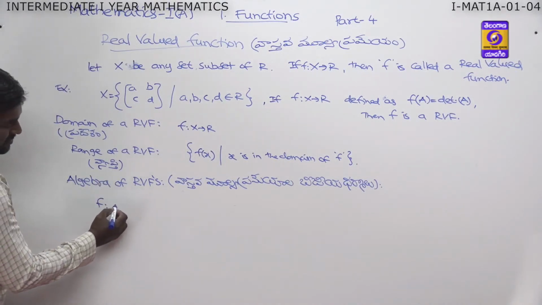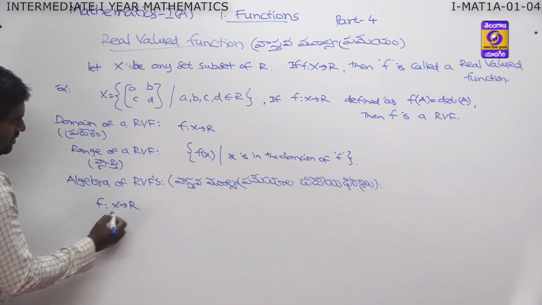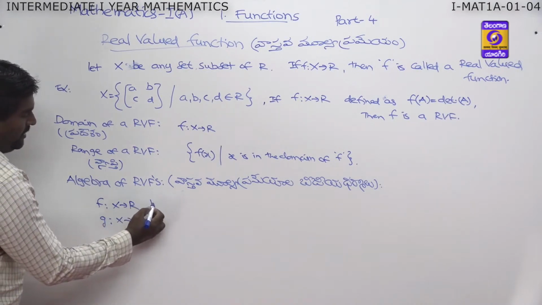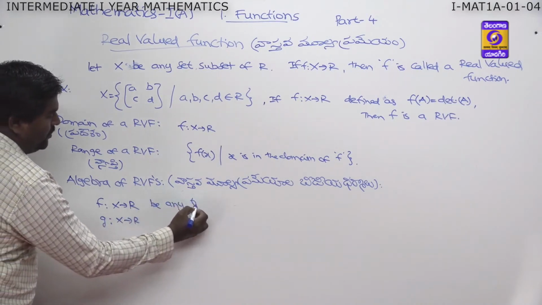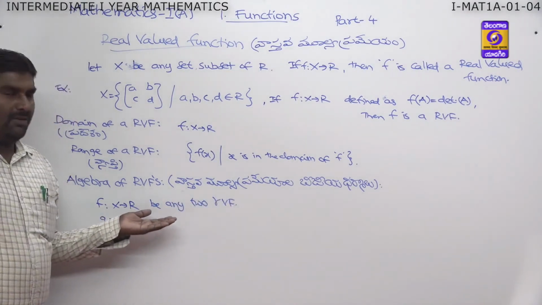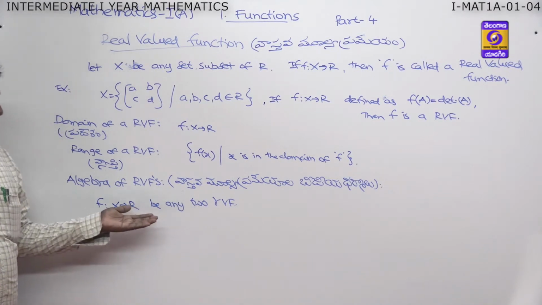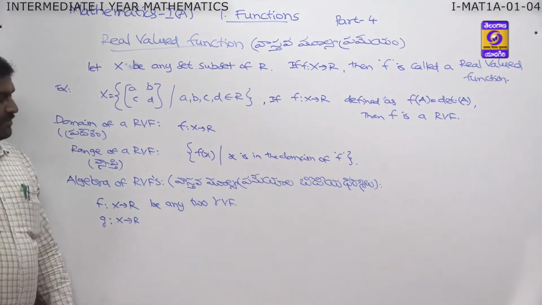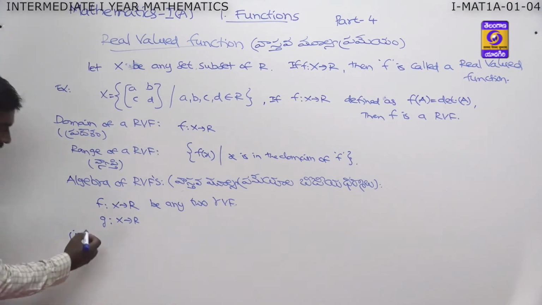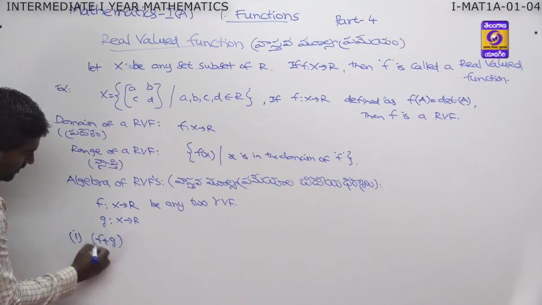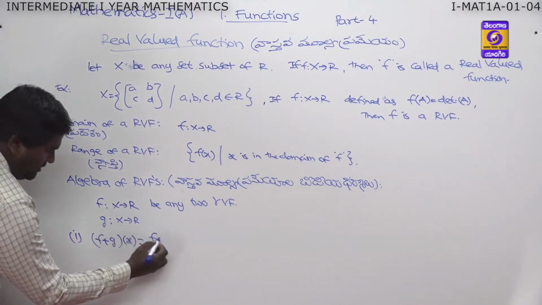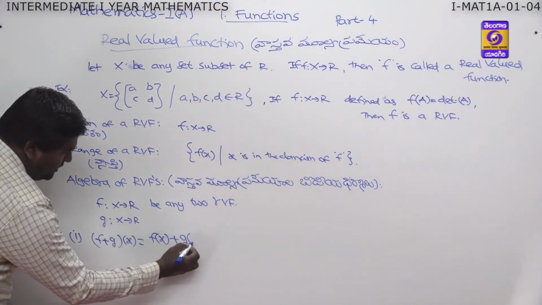F is a function from x to r. G is also a function from x to r. Be any two real valued functions. f comma g లో ఏవైనా రెండు వాస్తవ మూల్య ప్రమేయాలు అయినట్లయితే we have the algebra of real valued functions as f plus g of x. So what about the f plus g of x? It is f of x plus g of x.